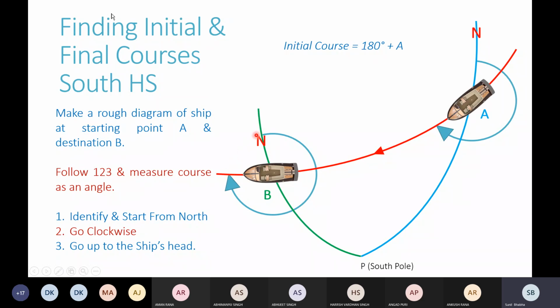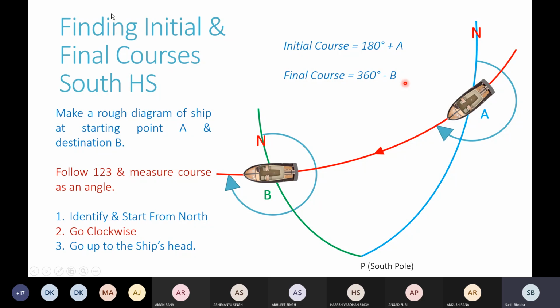Now, once I know this angle B, the required angle for me would be 360 minus angle B. So 360 minus angle B gives me my required angle. The final course is thus given by 360 minus B.